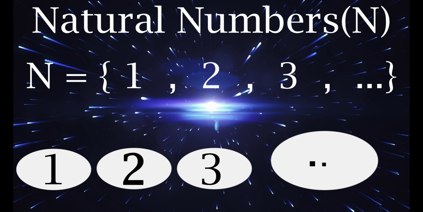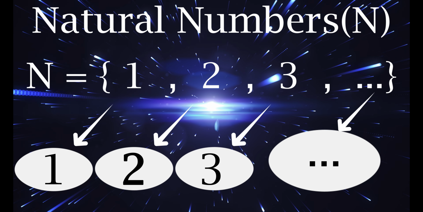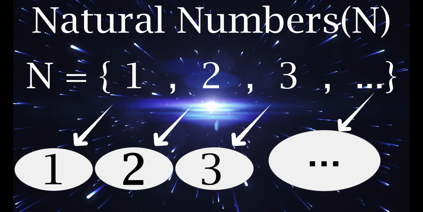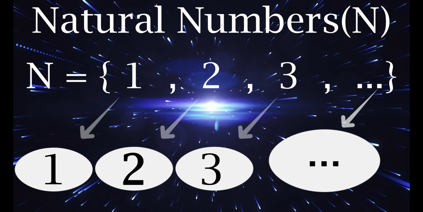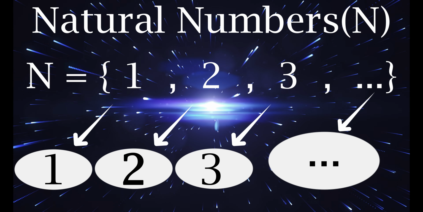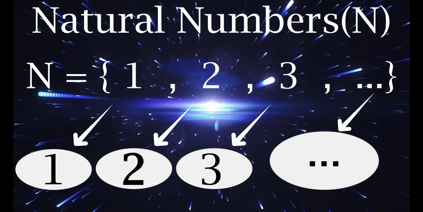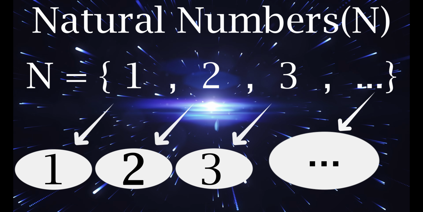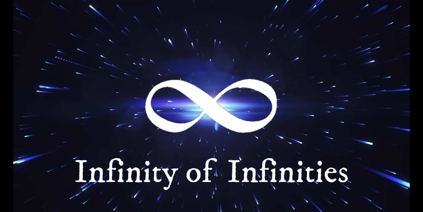Thus, the power set of an infinite set has infinitely many elements, and it follows that there is no largest infinite set. There are infinitely many sets whose sizes differ. Thus, the set of infinities is itself infinite, and there exist infinitely many infinities. Infinity of infinities.